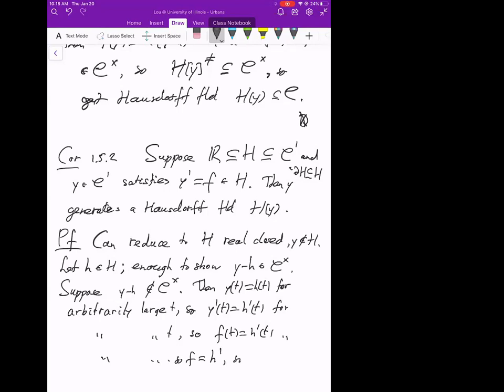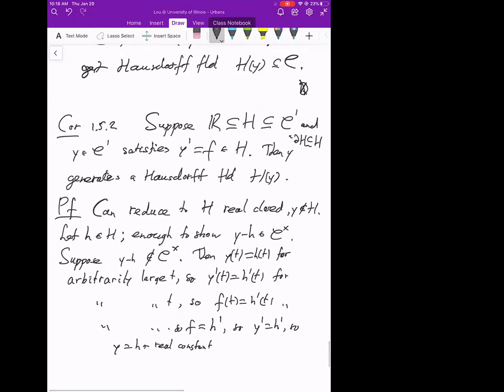So that means y prime equals H prime, so y equals H plus a real constant. But the real constants were already in H, so this is an element of H, and that contradicts my assumption that y is not in H.